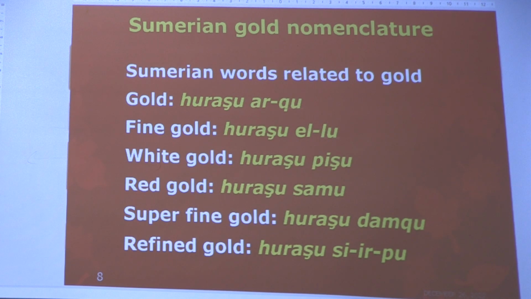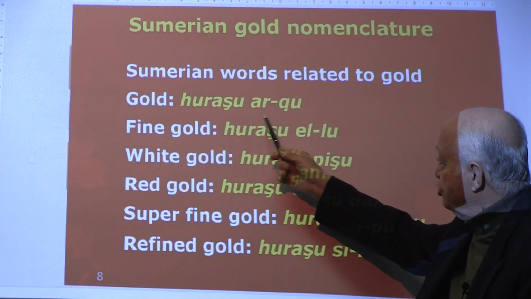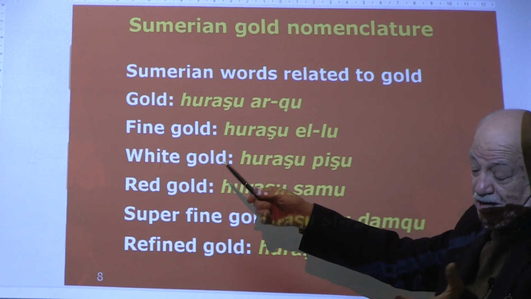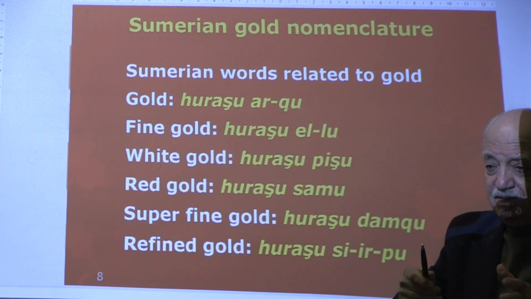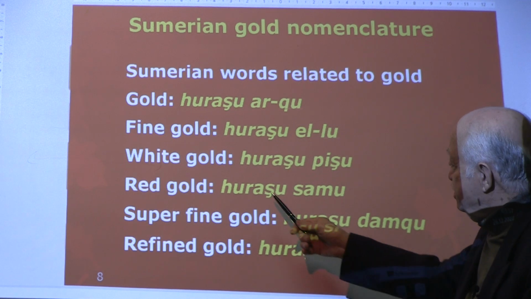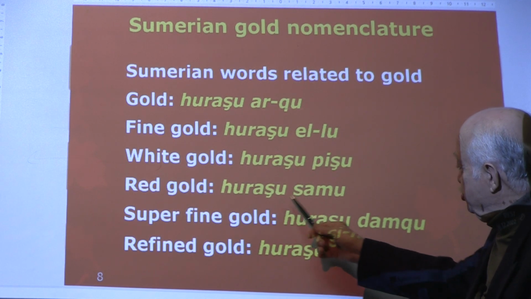Now let's get back to the Sumerians. Sumerians were the first civilization who invented the alphabet, and then they kept a good record of everything. So we see that there is a nomenclature of gold. Pure, just ordinary gold, they call hurashu arku. Fine, high quality gold is hurashu elu. White gold, that is electrum, an alloy of gold and silver, is hurashu sammu.